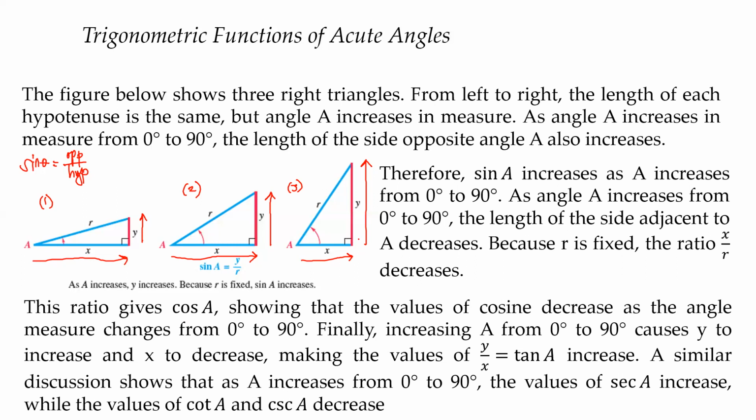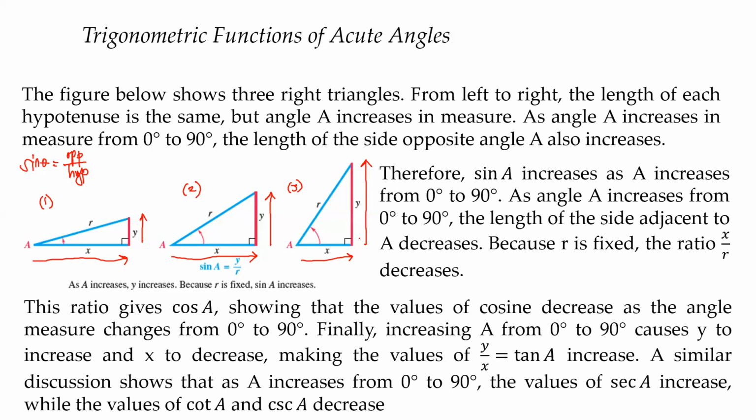Tapos 2/2, 1. Then 1/2 is 0.5. So gakagamay if maggamay imuhang numerator. So cosine also decreases. So let us say, if mayroon ka nga cosine 30, that is 0.9. If cosine 45, 0.7. But if cosine 60, 0.5.